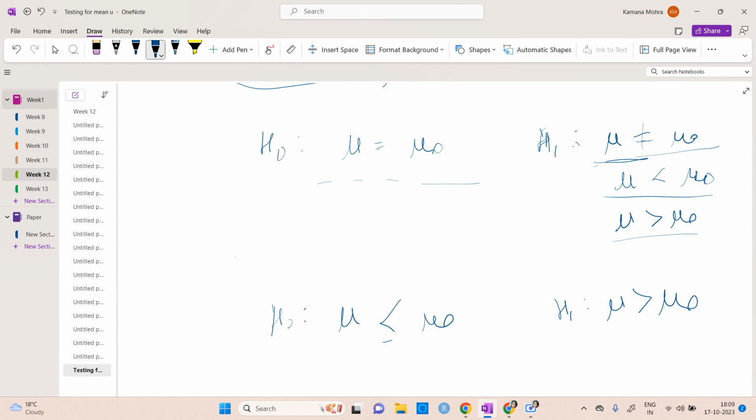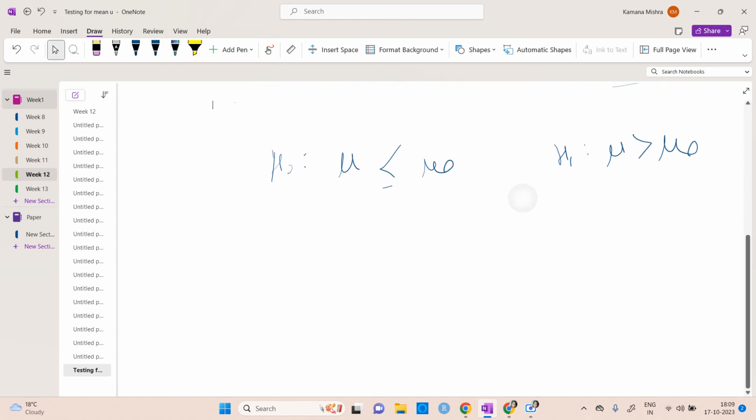Whatever test you are performing, on the basis of that you will take H naught or H1, and decide what hypothesis you need to test here. And this we call the null hypothesis, and this the alternative hypothesis.